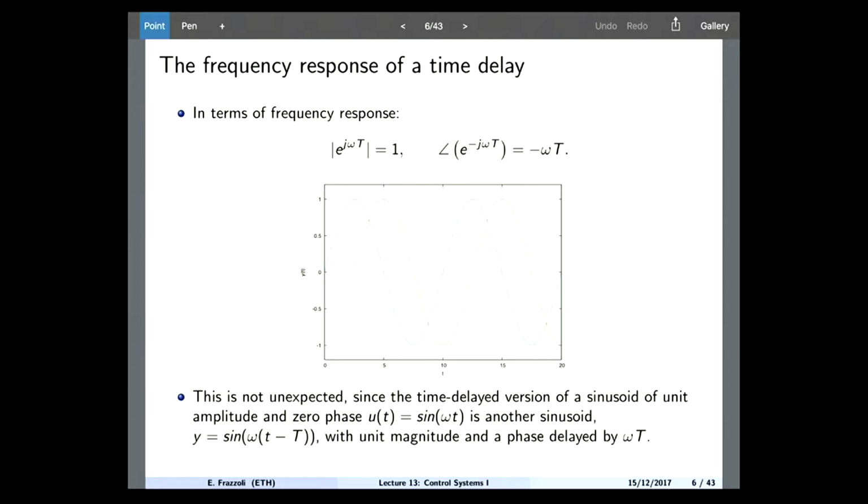So if I write the complex number e to the power j omega T, where is this on the complex plane? You should know. This is a complex number, right? You've taken some complex analysis, I guess. It would be on the unit circle. And where on the unit circle?